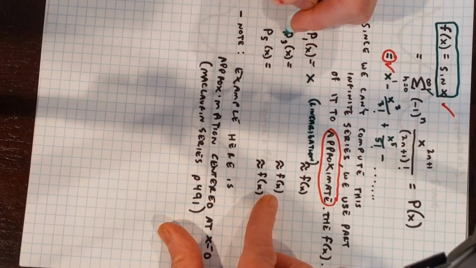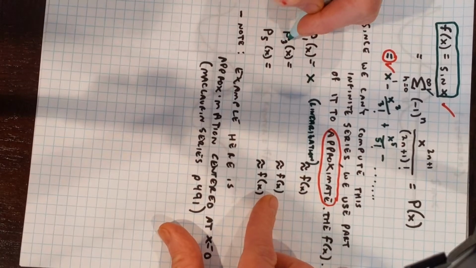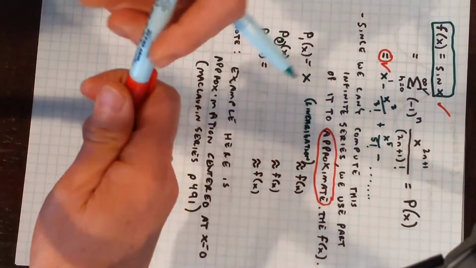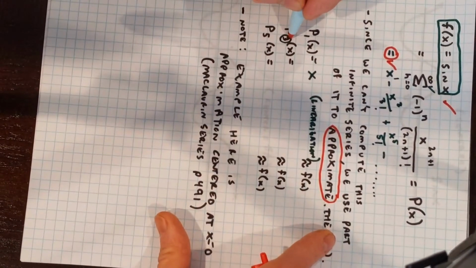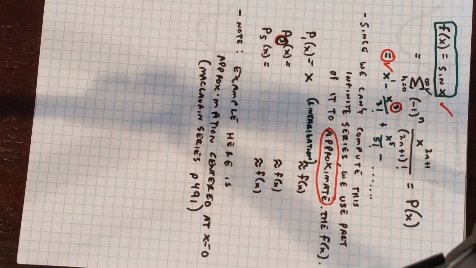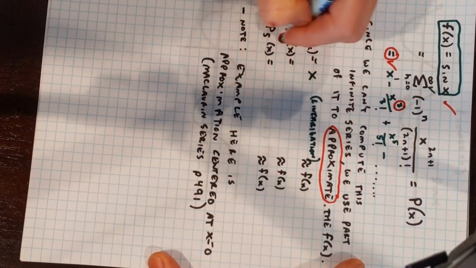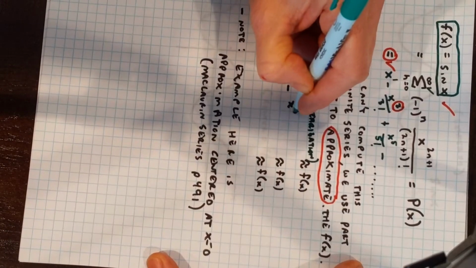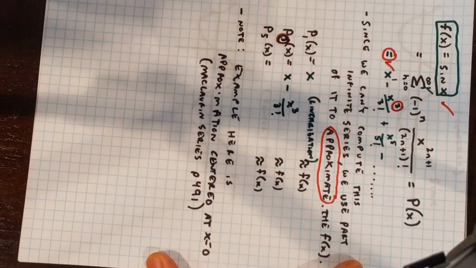If I wanted to use a better approximation, I add another term. In this case, we're using a P3. This number represents my degree up here. So if I'm using a power of 3 polynomial, or order of 3, I use the polynomial up to that term. So the P3 polynomial would be x minus x cubed over 3 factorial.